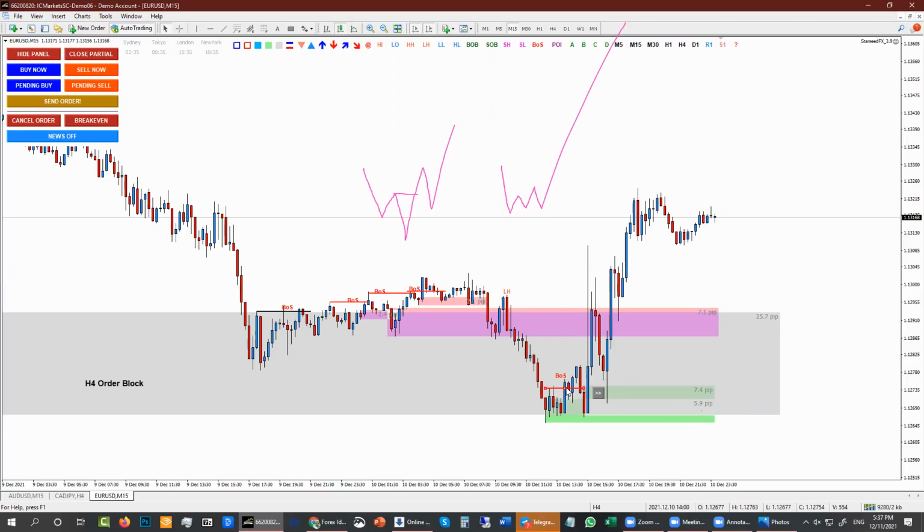To me, this is a clear break of structure, this first one. So this is a lower high, this is a lower high, this is a lower low, and then it creates a higher high. In a small one, lower high, lower low, higher high.